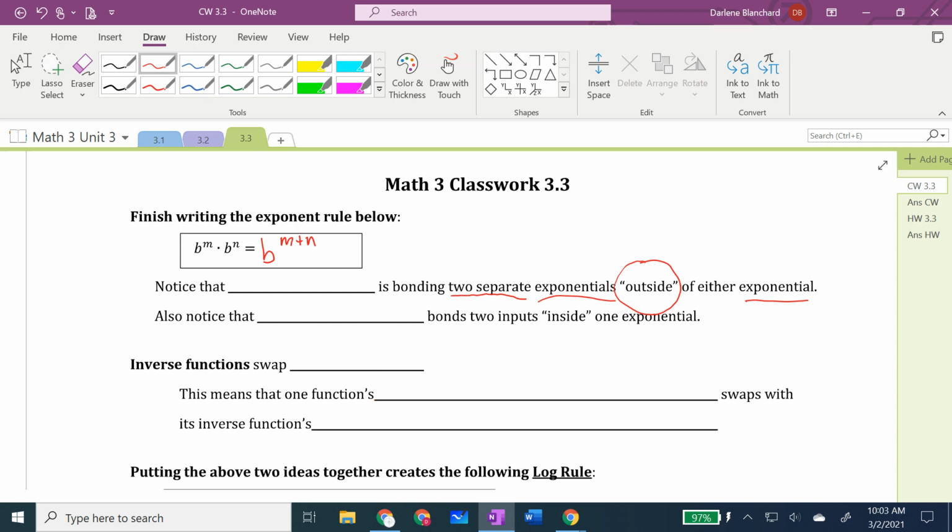So two separate exponentials, and they are bonded outside of themselves by what operation? What operation is bonding what I highlighted? You got it.